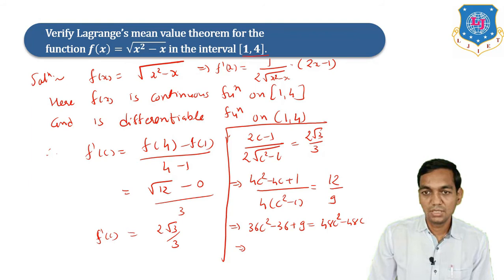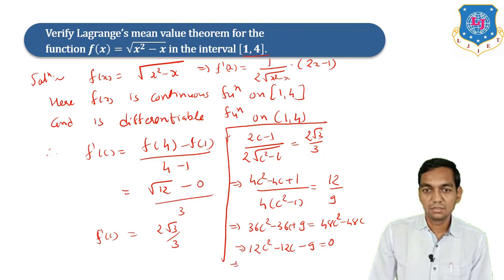So we are going to write all the terms on this side. So 48 minus 36, that is 12c square. Okay, here 36c, so minus 48c plus 36c, that will be minus 12c, minus 9 is equal to 0. Now we have to find the factors. So 12 into 9 is 108, and we have to find the numbers whose difference is 12.